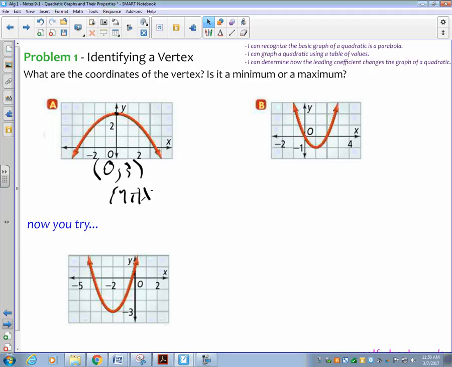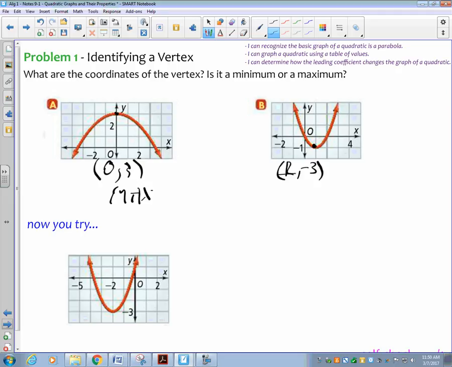Right, Layla, this is you. Put a dot where the vertex is and put its coordinates. Do you think it's at 2? Is that one? Okay.